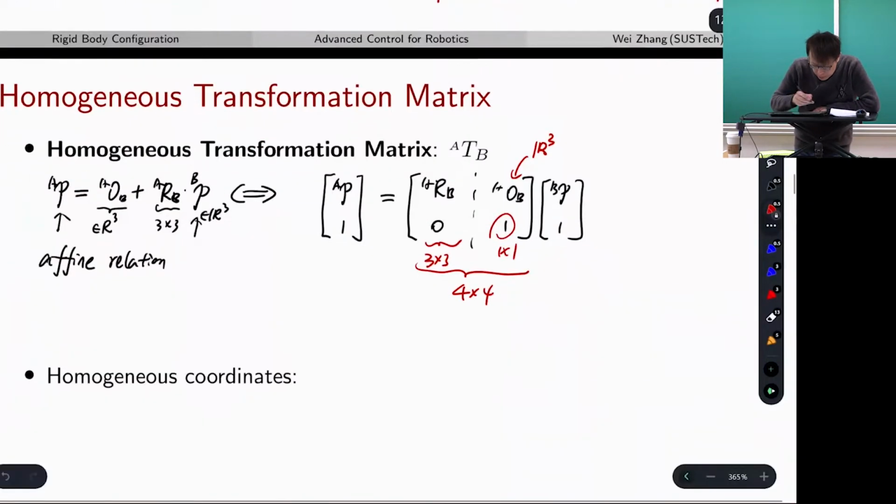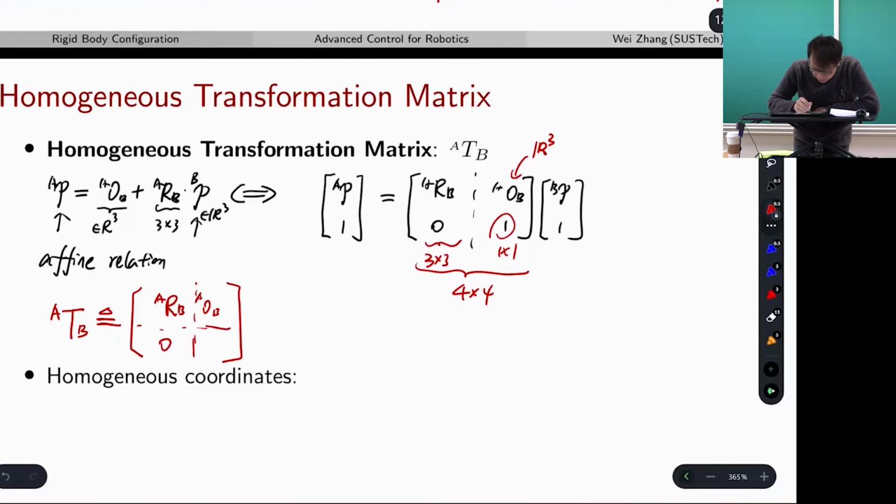We can define this matrix, which we call the homogeneous transformation matrix, T_BA, equal to R_BA, O_BA, 0, and 1.